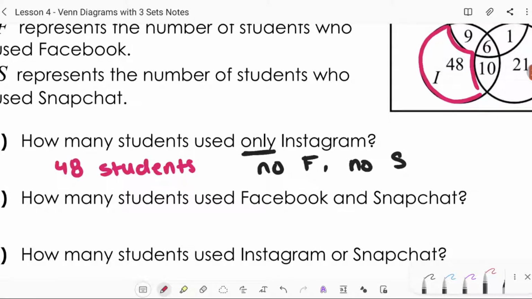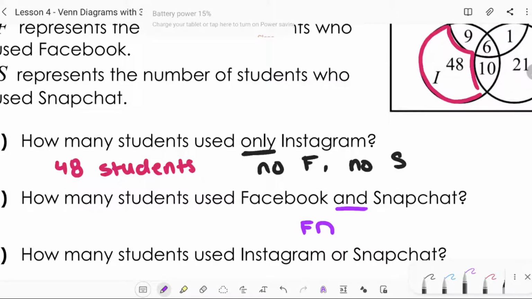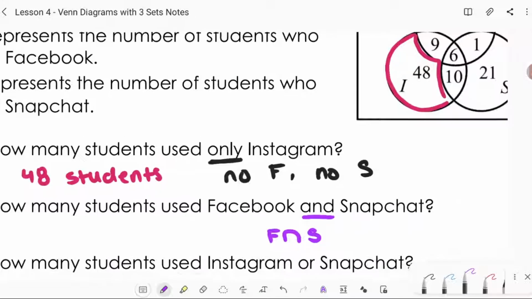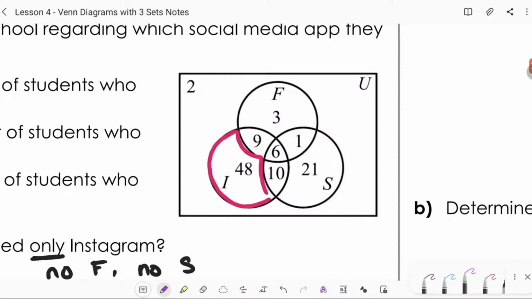How many students used Facebook and Snapchat? So I'm looking for the intersect. F intersect S. I look at my diagram. That's this whole section here, right? Including the people who also use Instagram, because it didn't tell us anything specific about using or not using Instagram. It was just Facebook and Snapchat.